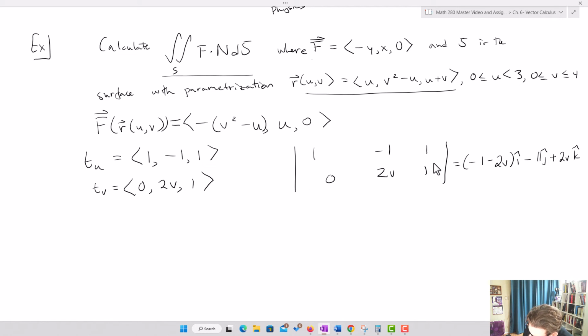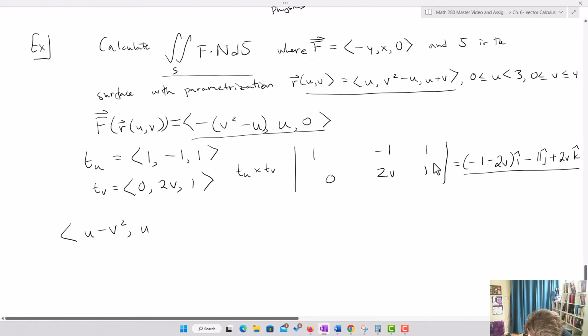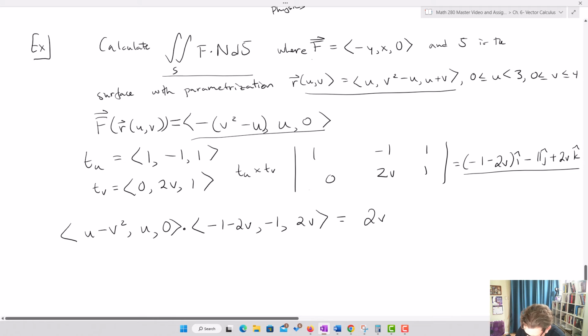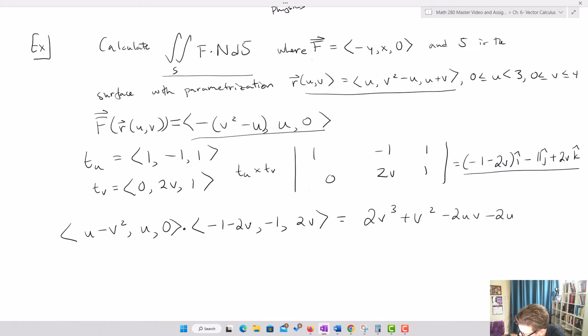So now I've got to dot F with Tu cross Tv. So I'll take u minus v squared, u, 0, dotted with negative 1 minus 2v, negative 1, 2v. And that'll end up giving me 2v cubed plus v squared minus 2uv minus 2u.